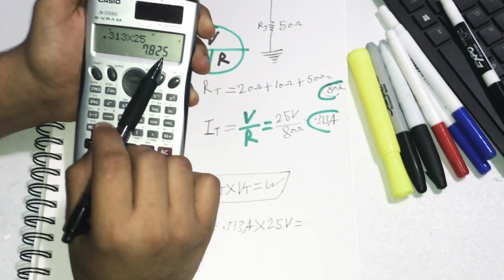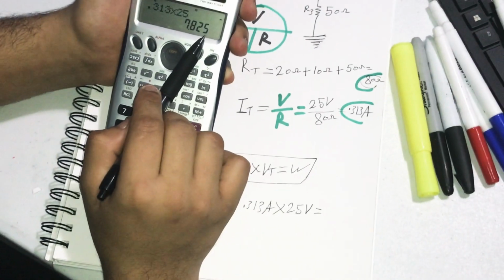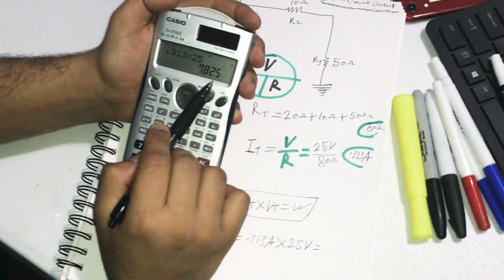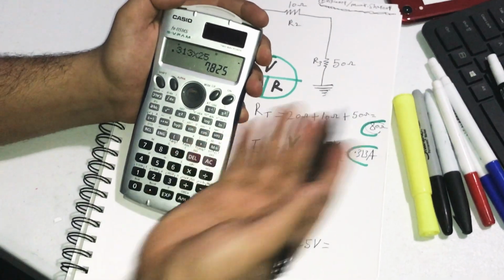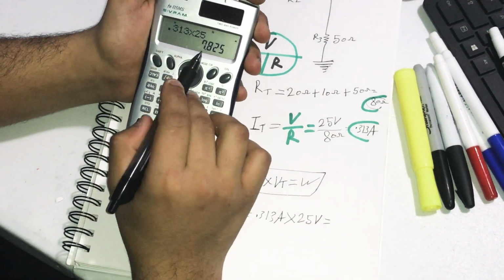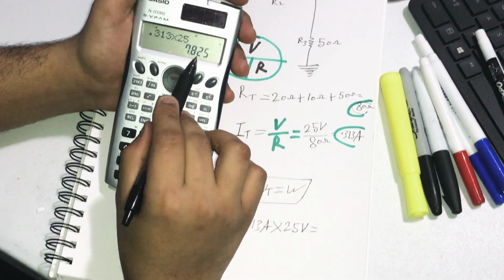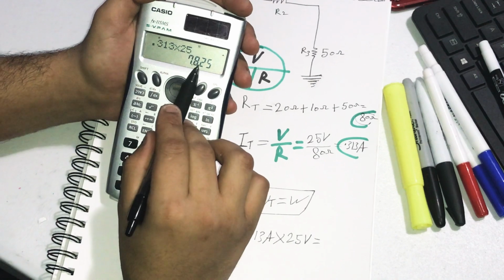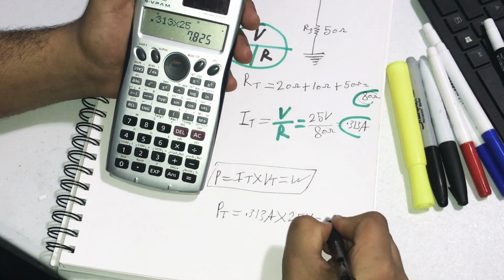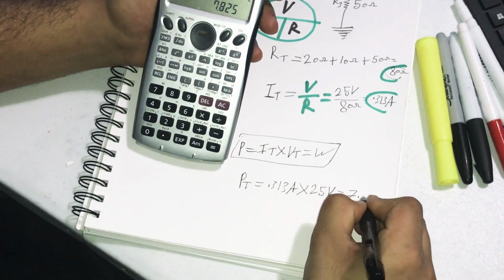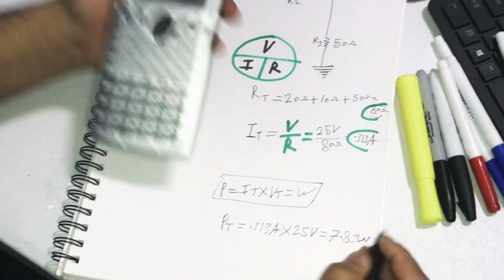As I told you, if the fourth number is 5 or higher, you add 1 to the third one. So I have 7.82, and we switch from 2 to 3 because we add 1 to the 2. So 2 plus 1 is 3. You're going to put 7.83 watts. That's the total power.